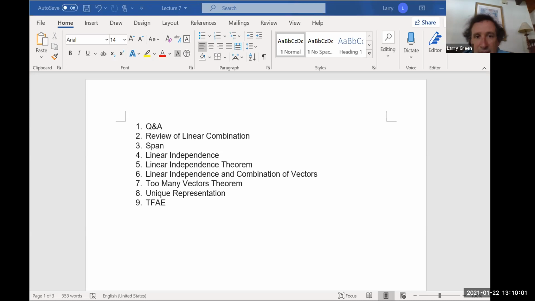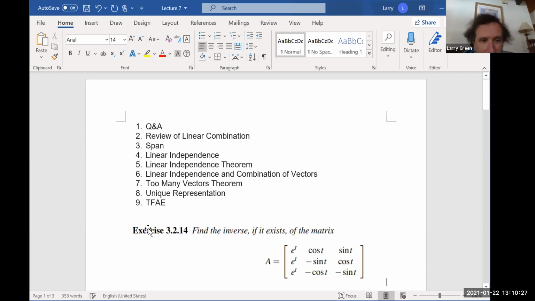Just a second. The picture thing is behind the Zoom. Just a second. Got it. That one?